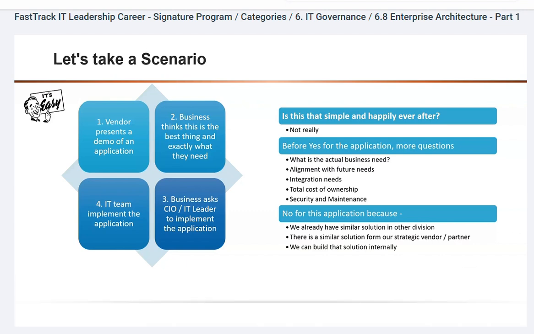Not all the time they may have a perfect solution, but at least trying first with a strategic vendor is a good approach. Or the IT team may say, no, maybe we can build this application internally because we have the capability. And if we build it, we have flexibility to make adjustments. So those are the two possible scenarios.